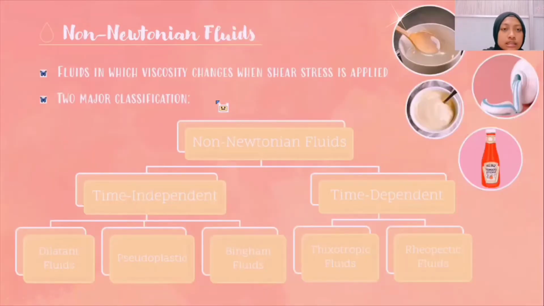Next is non-Newtonian fluid. Non-Newtonian fluids are fluids in which viscosity changes when shear stress is applied. There are two major classifications for non-Newtonian fluids, which are time-independent and time-dependent. For time-independent, we have dilatant fluids, pseudoplastic, and Bingham fluids, and for time-dependent, we have thixotropic fluids and also rheopectic fluids.